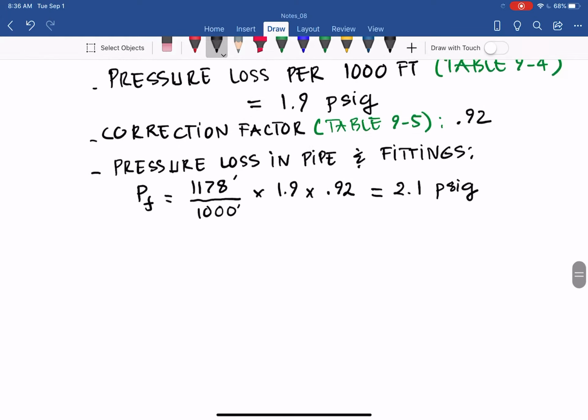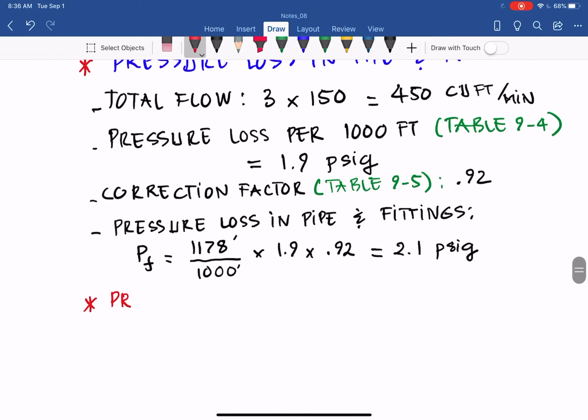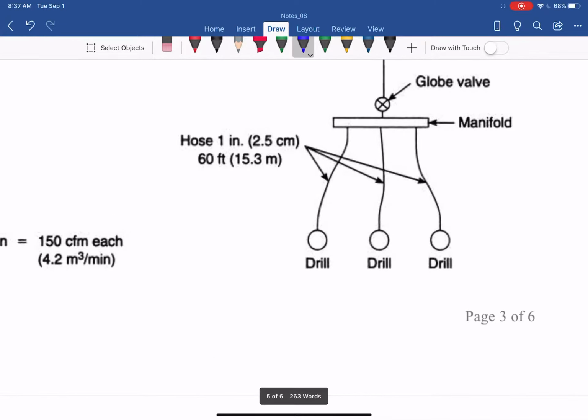So from there we can continue with the pressure at the hose inlet.